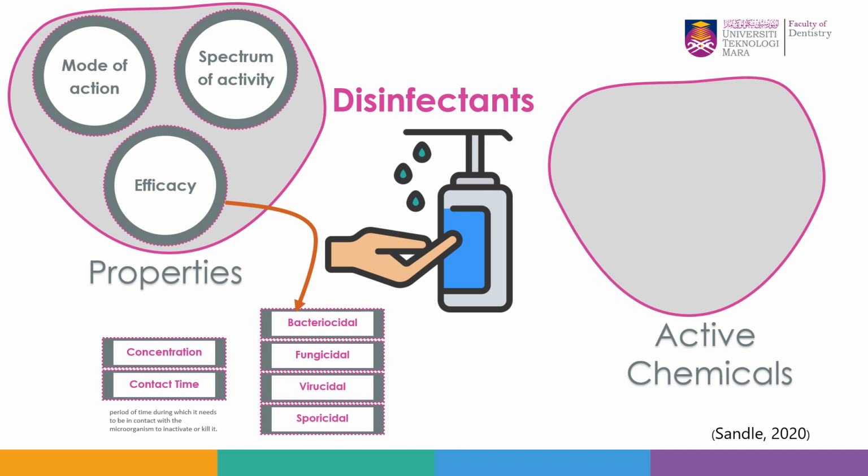For the efficacy of any disinfectant that we buy in the market, we need to see whether it is bactericidal, fungicidal, virucidal, sporicidal, or inclusive of everything. If they have all four of these, they are very efficient.